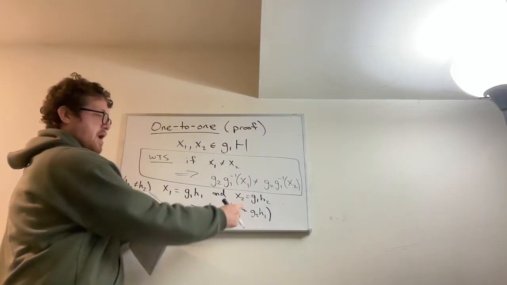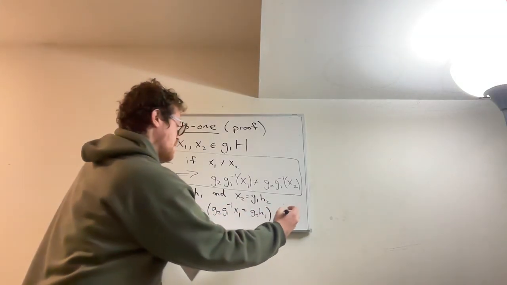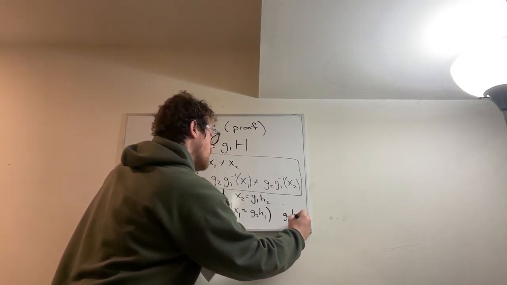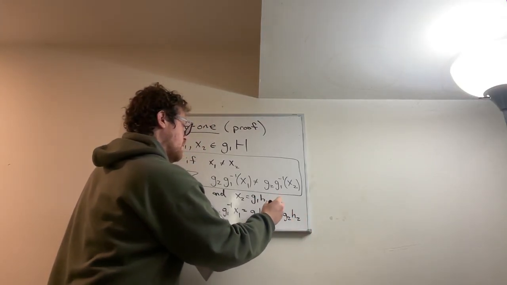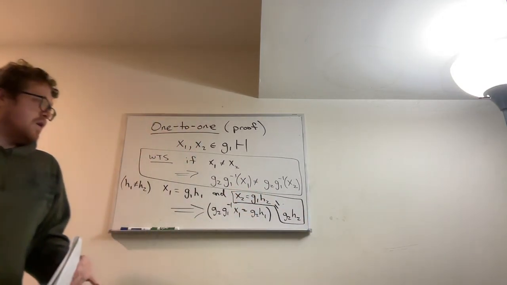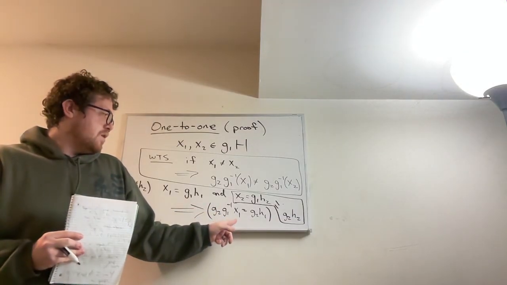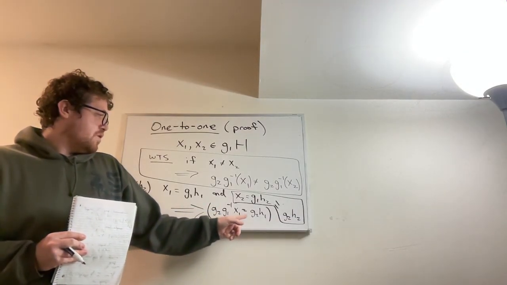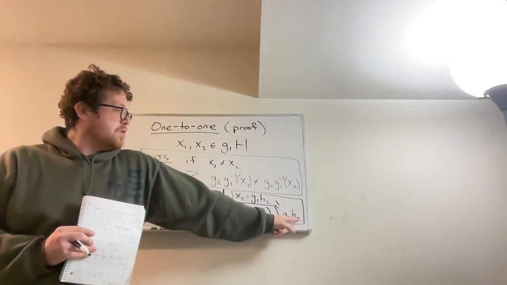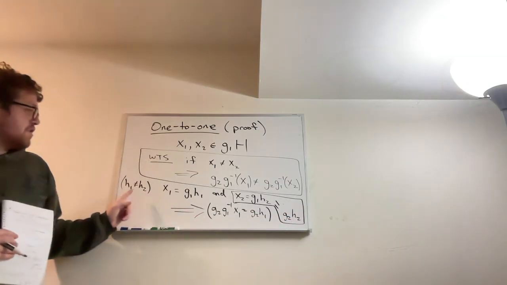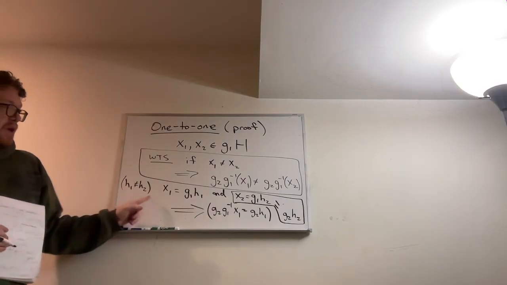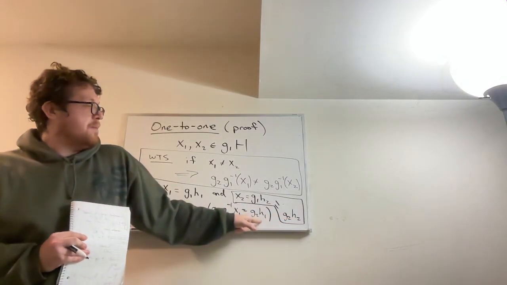And then if I do the same thing for x2, I get G2H2. So we have G2H1 for the first result and G2H2 for the second result, but we assumed, for the sake of argument, that x1 wasn't equal to x2, so we know that h1 is not equal to h2, and therefore these two elements are not the same.